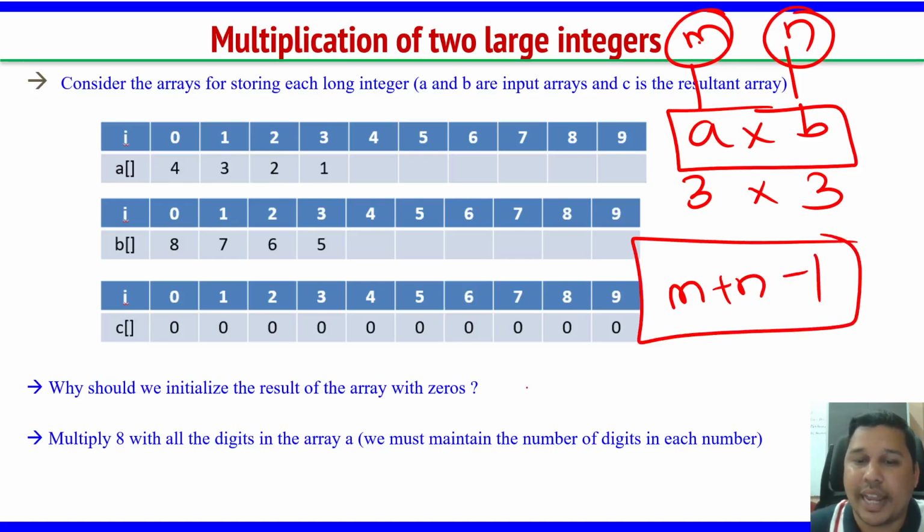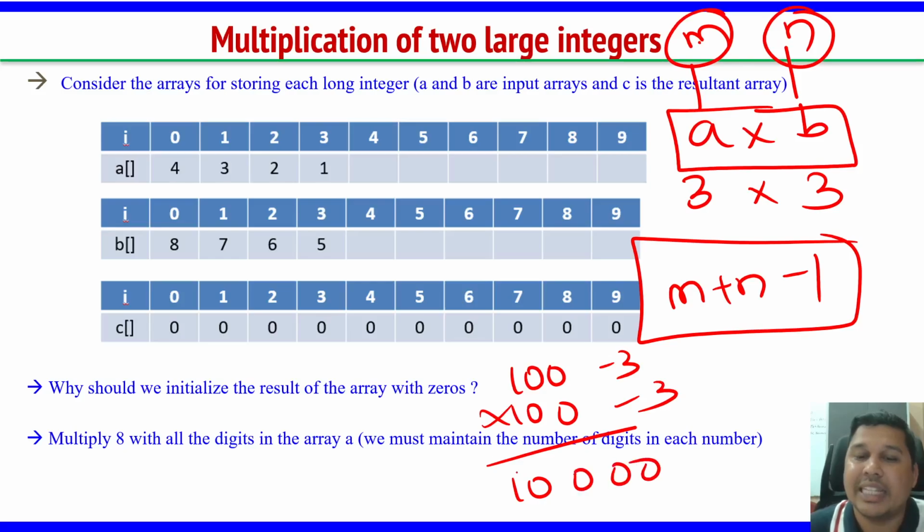So you can take, if you multiply 100 with 100, so this is 3 digits, this is 3 digits, if you multiply it is 10,000. This is the maximum value. Even if you multiply 99 with a 2-digit number, it is 9900. So again the maximum range can be m plus n minus 1.